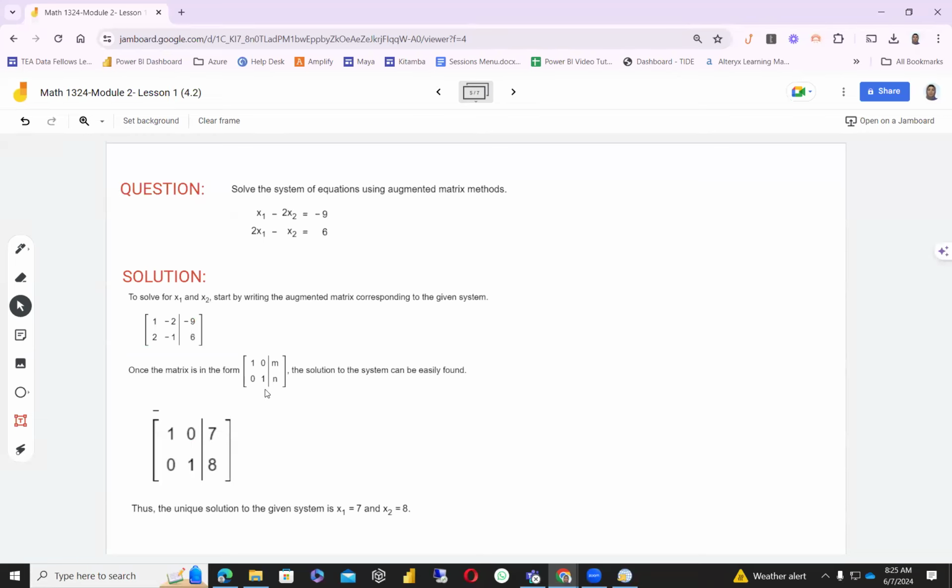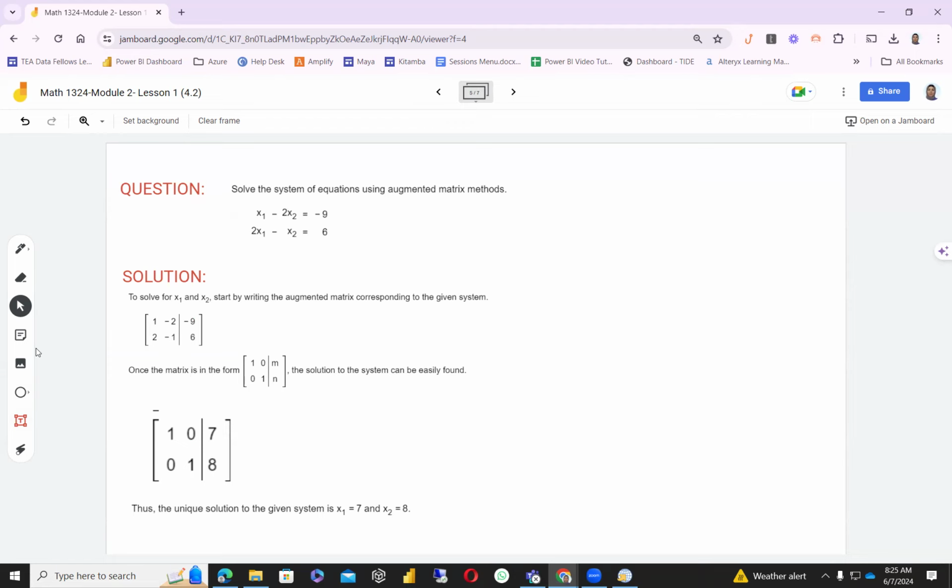It depends on how your brain attacks this problem. But eventually, what can you do, for example? This one stays good here, but this is going to change to a 0. So what my mind thinks is just multiply the whole first row by -2.